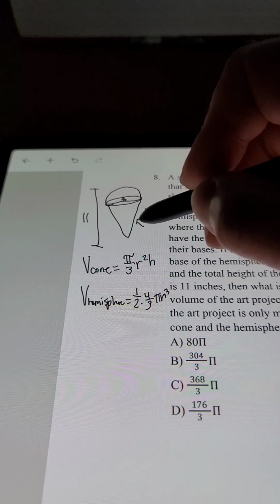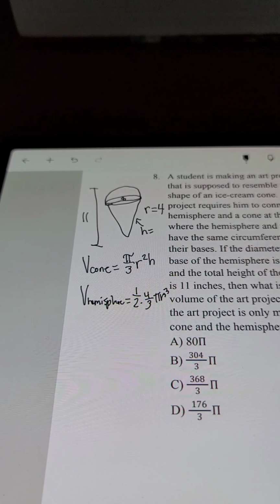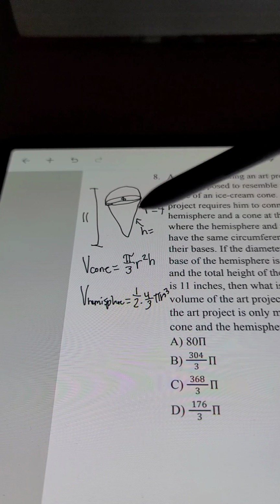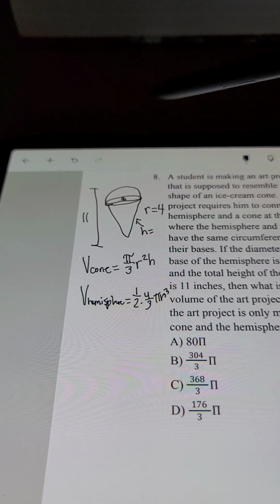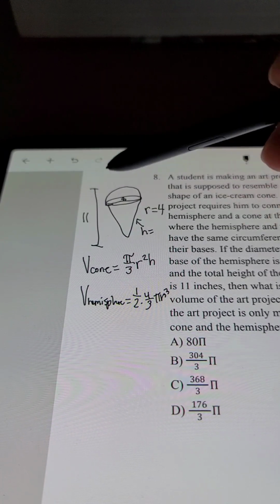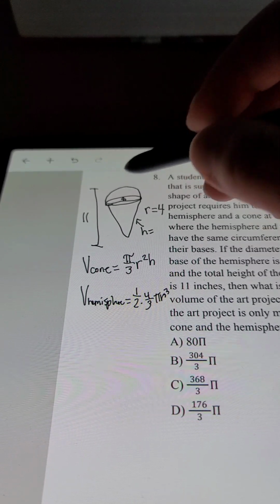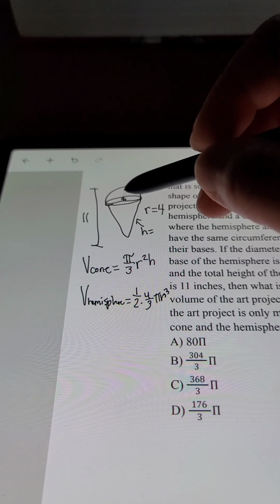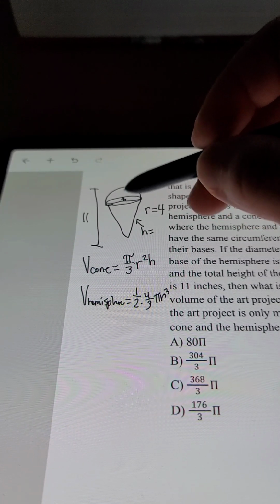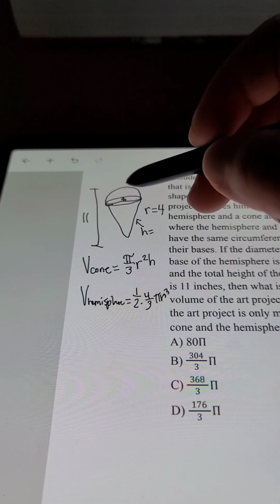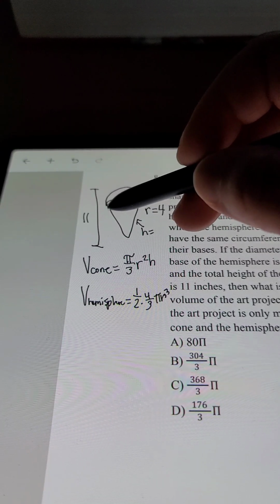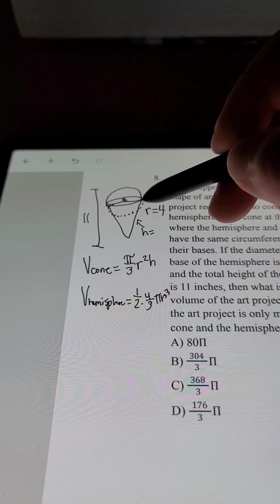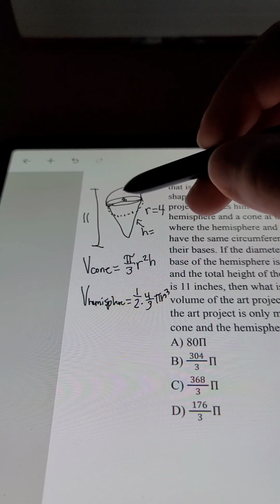Now let's determine the height for the cone. The whole height is 11. Now, a sphere, the diameter doesn't have to just go this way. The diameter can go up and down as well. So if we have half of a sphere, pretend we extended the sphere this way, so we have half the sphere on top.